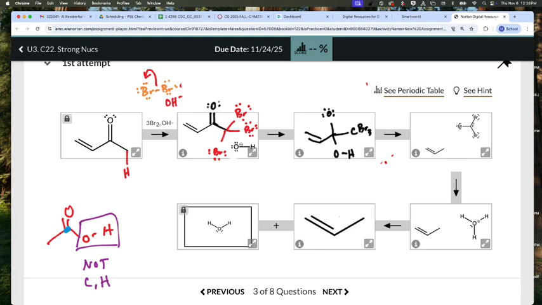How do I know that? Because from the previous stage, this comes in and attacks, it breaks the pi bond in my nucleophilic addition. That nucleophilic addition sets me up with that negative charge. The negative charge comes down and now kicks that out. There's my leaving group.